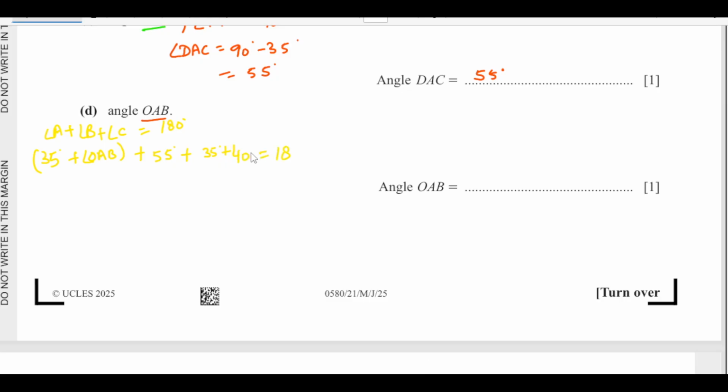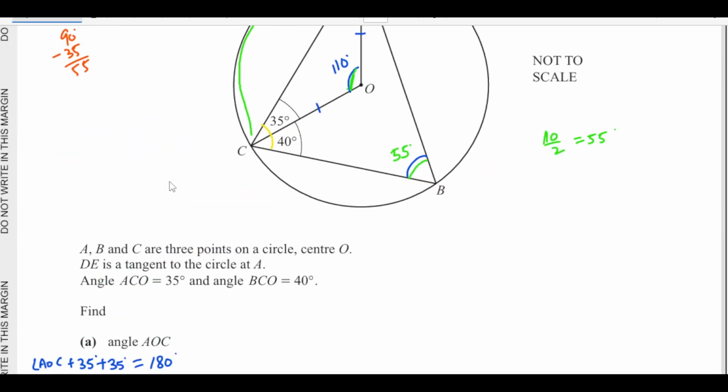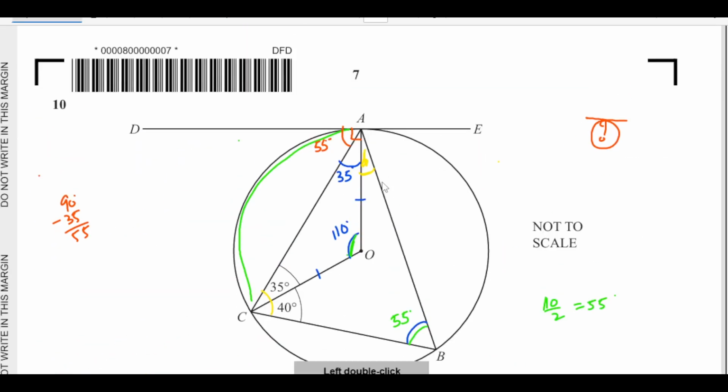They all add up to 180. So, now I am writing here OAB plus, if you add 35, 35, 55 and 40, we get 165 equals 180. So, angle OAB is 180 minus 165, which is 15 degrees. So, we got this angle as 15 degrees.